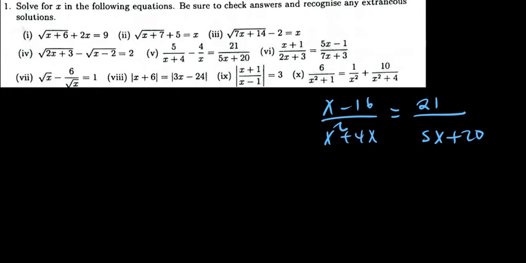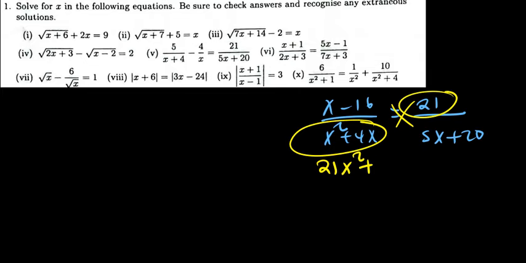So if I cross multiply here, I'm going to say 21 times x squared is going to be 21x squared plus 21 times 4x. I'm multiplying this and 21. So 4 times 1 is 4. Then I put x, 4 times 21 is going to give me 84.